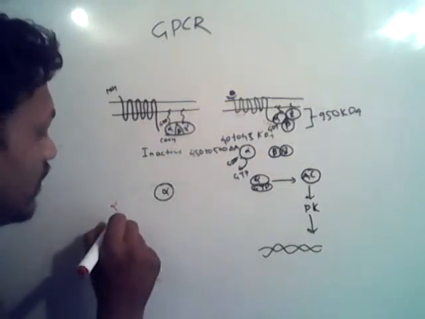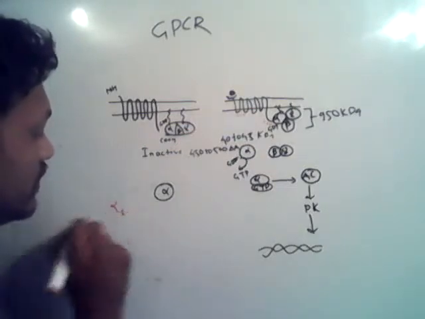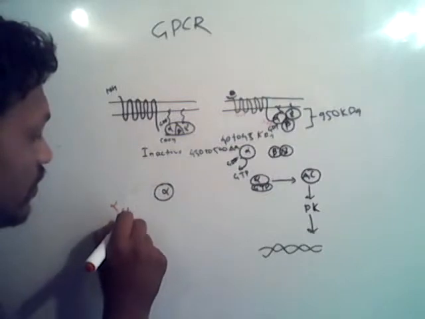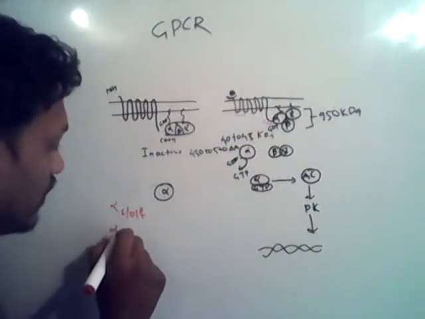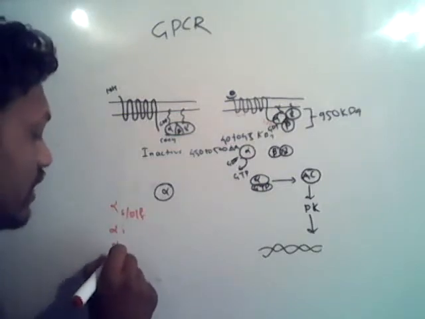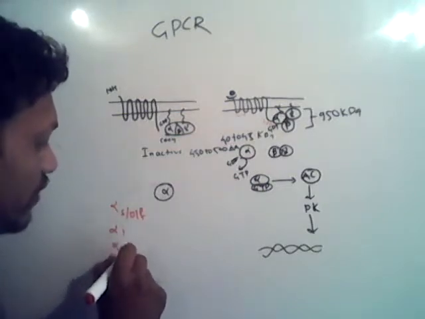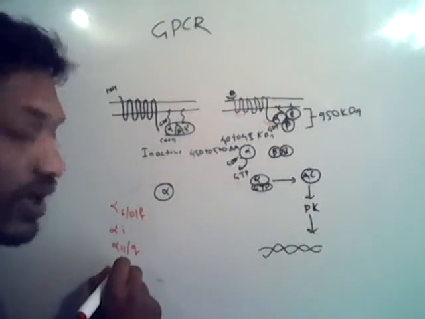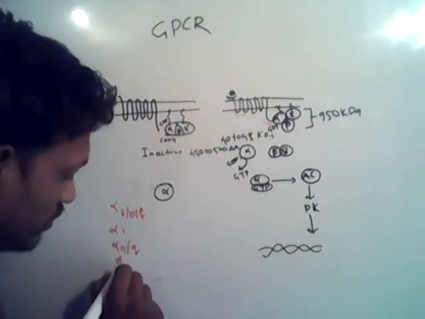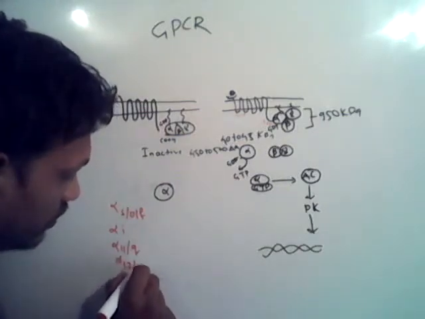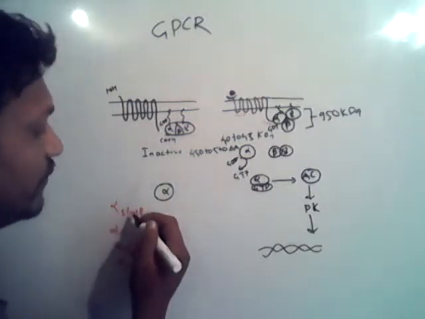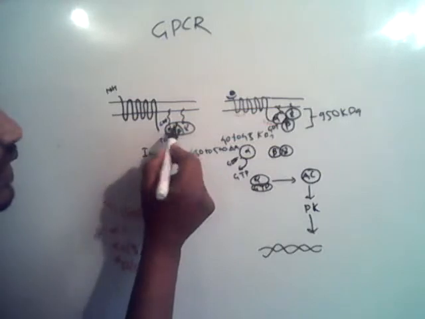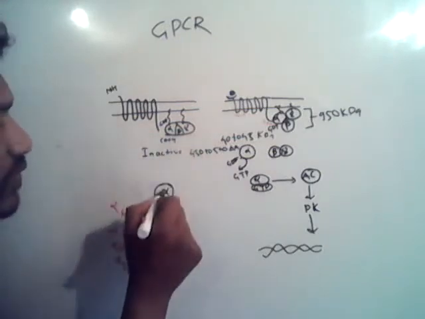First is alpha stimulant or olf, then alpha inhibitor, then alpha 11 or q, then alpha 12 or 13. Now what happens if the G protein coupled receptor contains this alpha subunit?